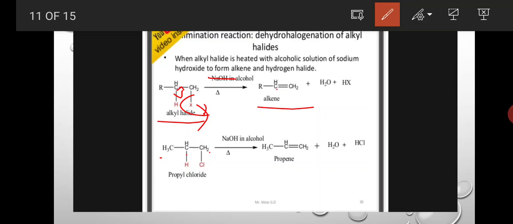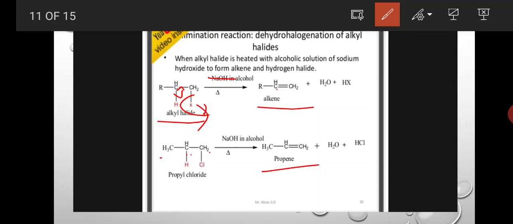Here we are taking propyl chloride as the alkyl halide. This propyl chloride is heated with alcoholic solution of sodium hydroxide, and it is converted to propene.